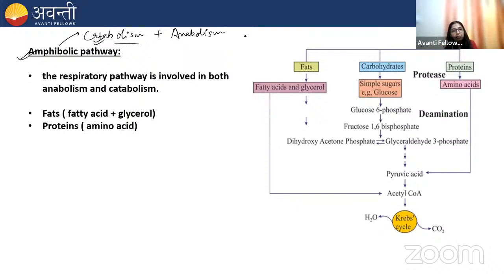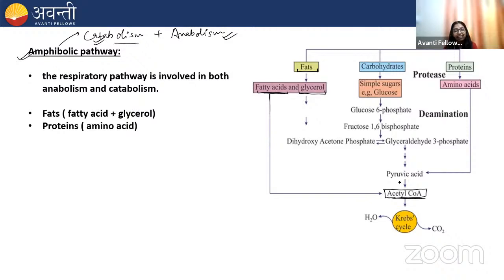In anabolism, from the smaller molecules, a large complex is formed. Say this: the fat is broken down into fatty acid and glycerol. This fatty acid, when it breaks down, produces acetyl-CoA, right? But if we need the formation of fatty acid, fatty acid synthesis should take place.